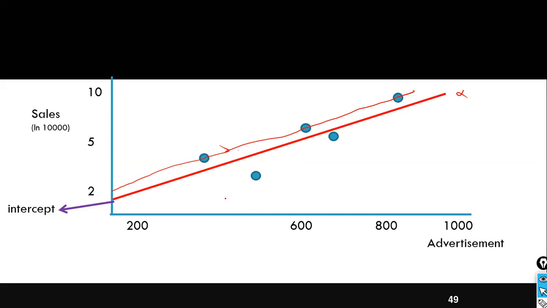Rather, if you draw a line by touching only these two values, yes, that line is touching these two values, but the other three values are falling far from this line.